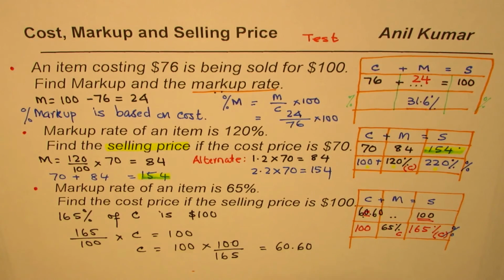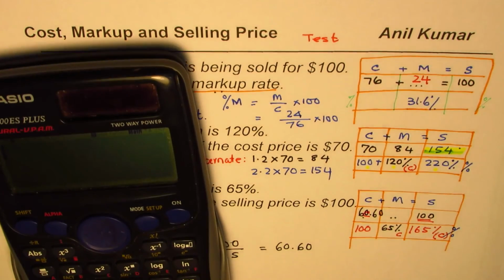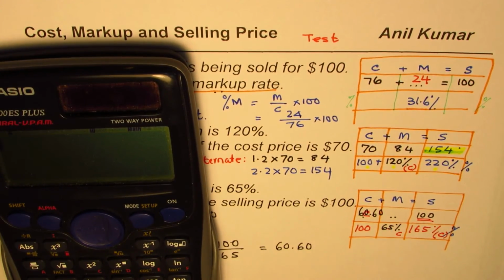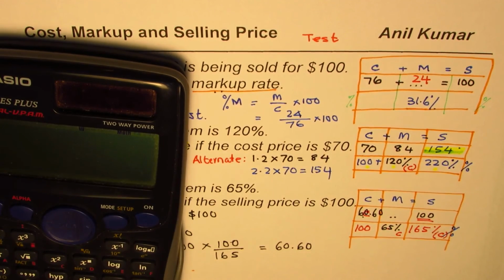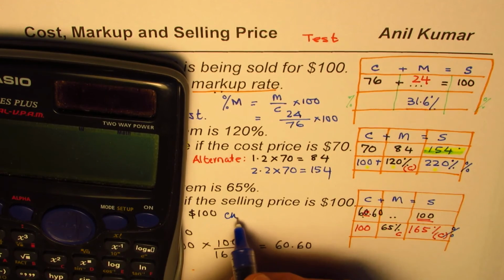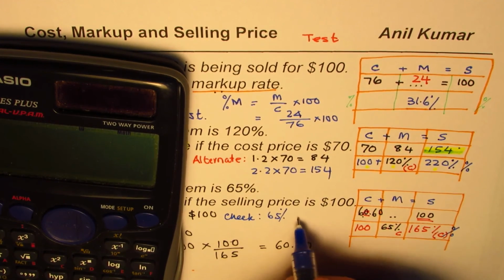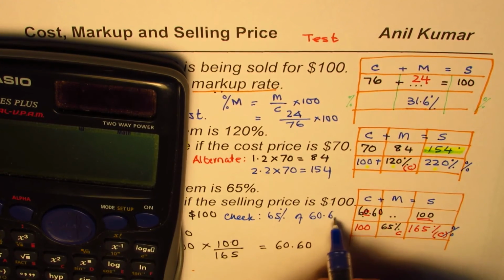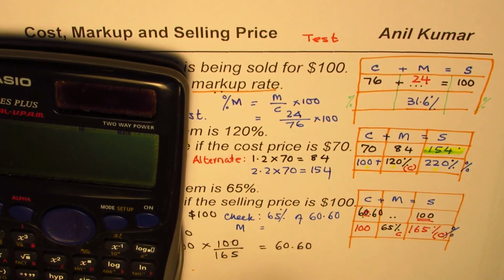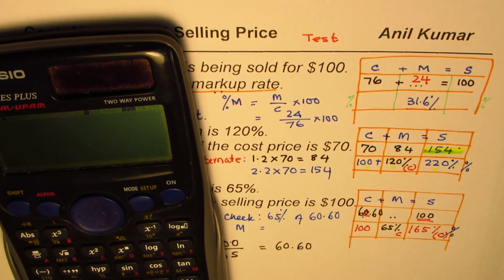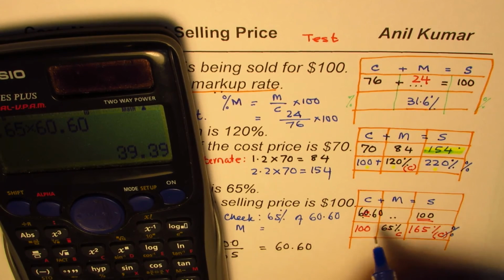You may get a result which could be a penny here and there since we are doing rounding. Let's find 65% of. So what we are doing to check is find 65% of 60.60. That is the markup, right? So 65% is 0.65 times 60.60. That is, in decimals, 39.39.